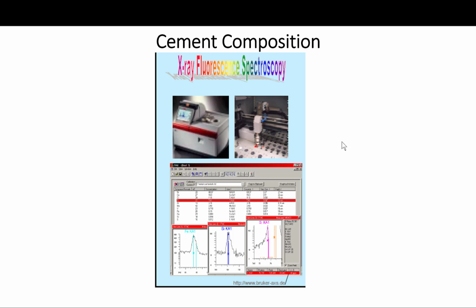The primary beam, typically taken from an X-ray tube, irradiates the specimen, exciting each chemical element to emit secondary spectral lines, which have a wavelength characteristic of that element and intensities related to its concentration. The secondary radiation is analyzed by means of a crystal rotated in the plane of radiation, and its intensity measured using a detector. This is the type of intensity graph you get from an XRF analysis.